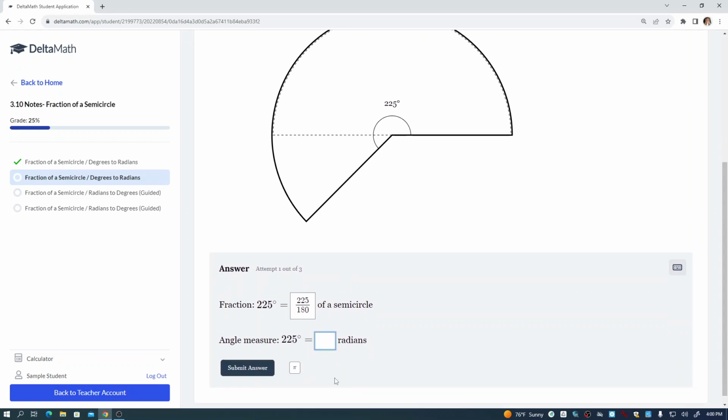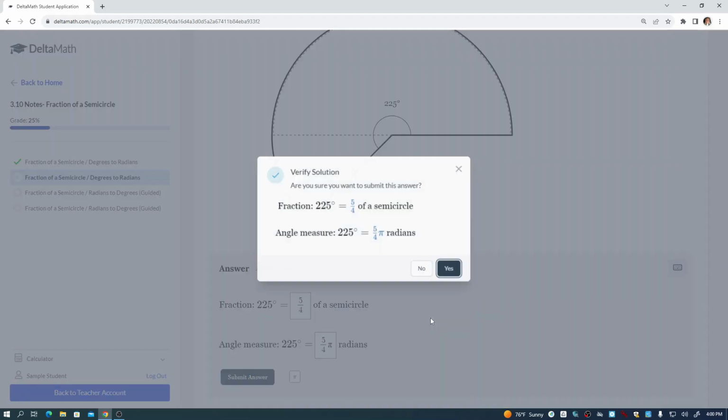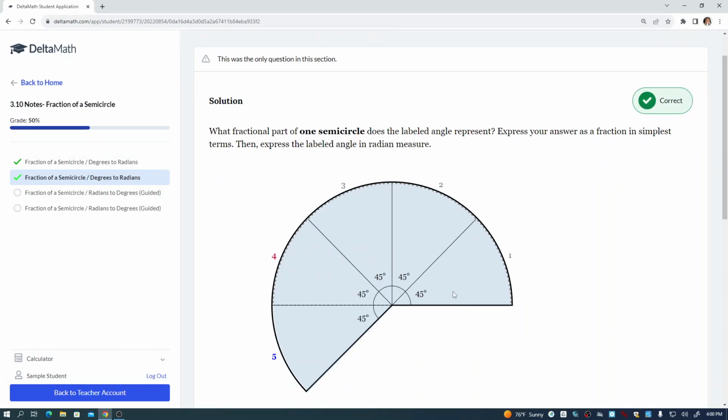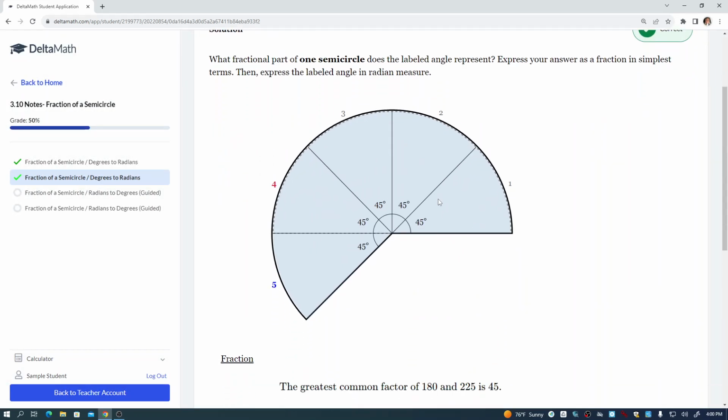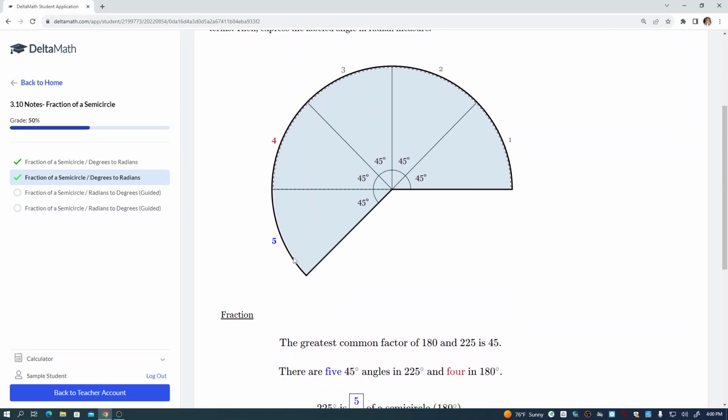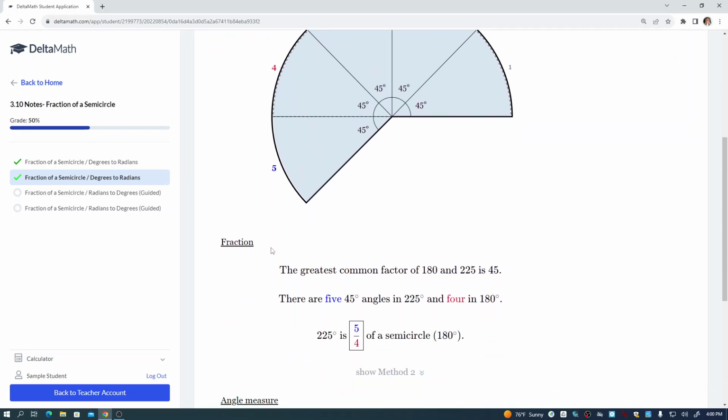That tells me that it's 5/4. So actually here I need to simplify this into 5/4 of a semicircle. So in radians, it's 5/4 of pi, or 5 pi over 4. And so you can see that 1/4 of pi, that's 45 degrees, 45 5 times makes the 225.